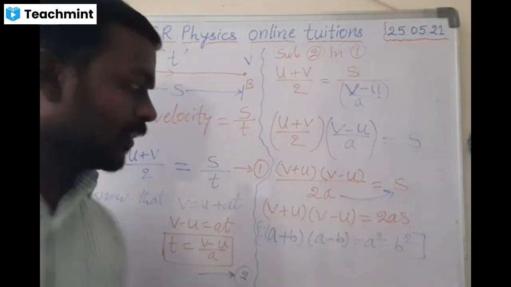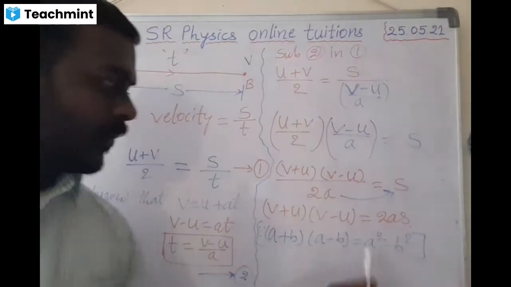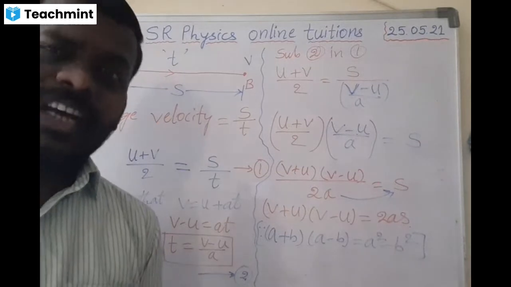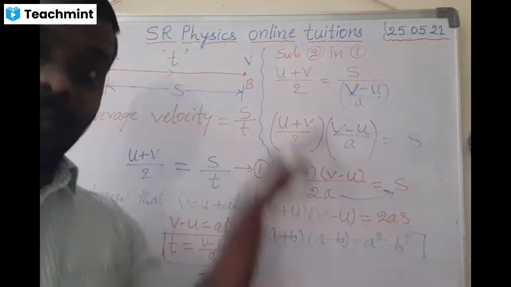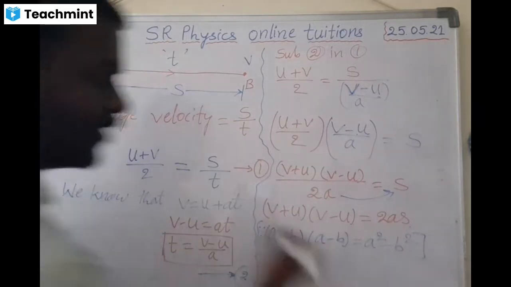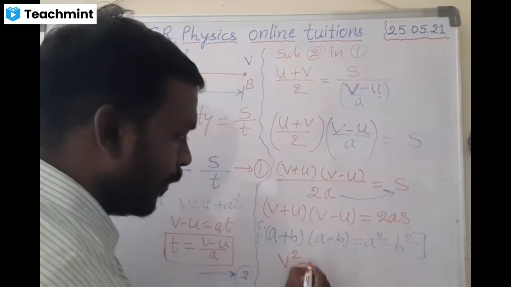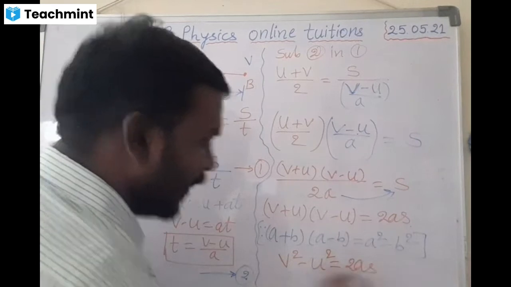So in place of this total term, we can express it as a square minus b square. You may have a doubt, sir, how we get this a square minus b square. After noting this down, I'll explain it. In shortcut, I'm writing it directly as v square minus u square is equals to 2as.